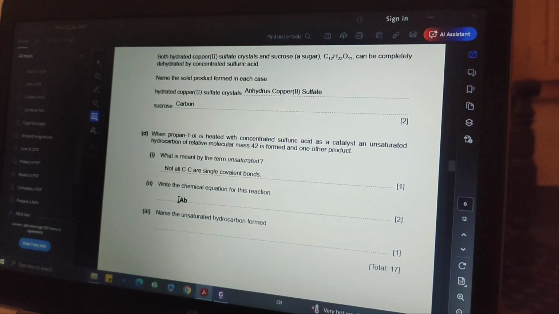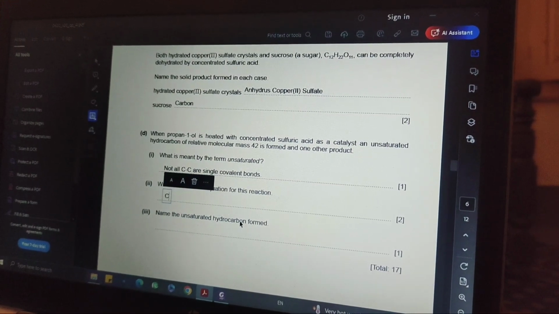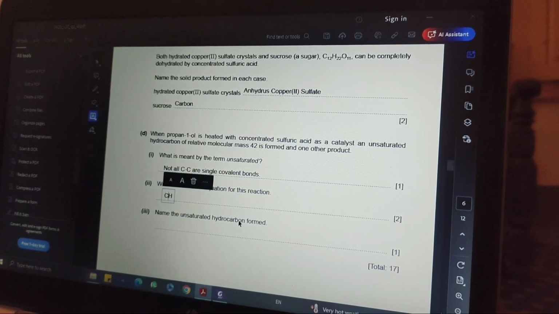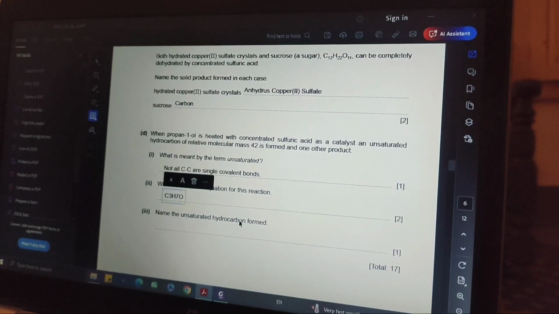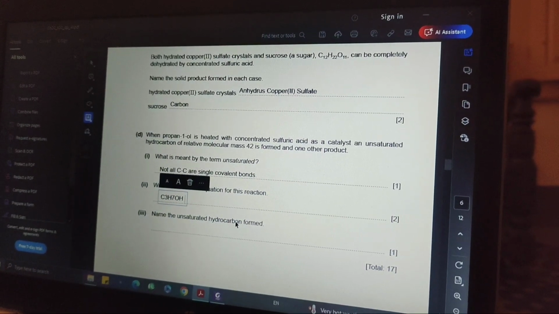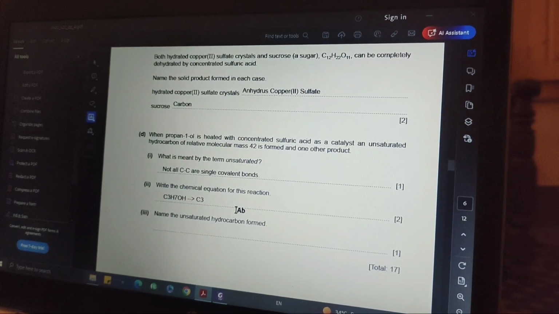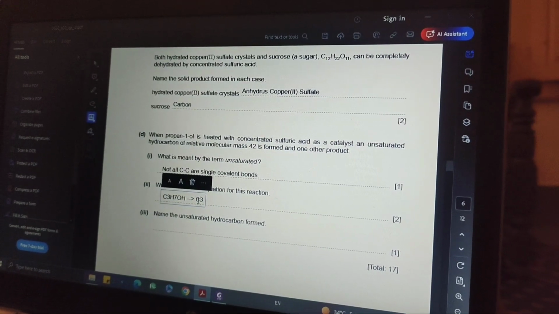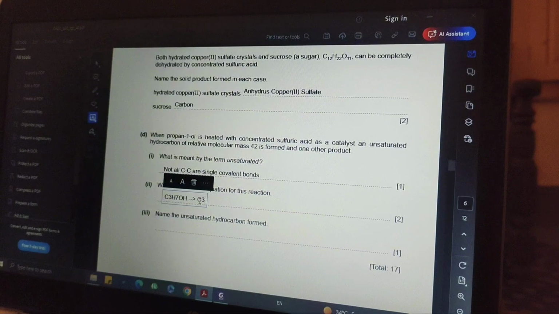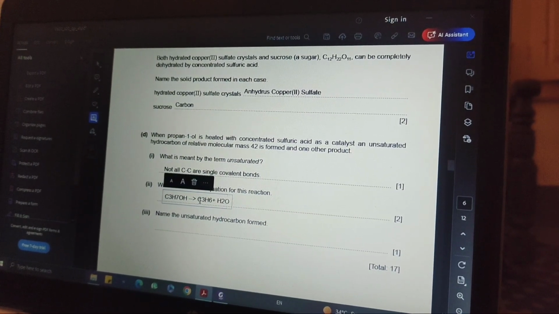So if we talk about propan-1-ol, propane is 3 carbons, C3H7OH changes to form C3H6 plus H2O.